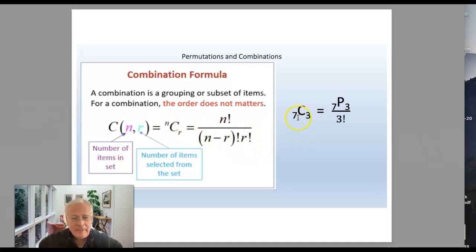And I want to point out, a combination you can think of like this. It's a permutation, just divided again by r factorial. Because n factorial divided by n minus r factorial, that's a permutation. So you can take the permutation and just divide it by the number of items we're selecting factorial.